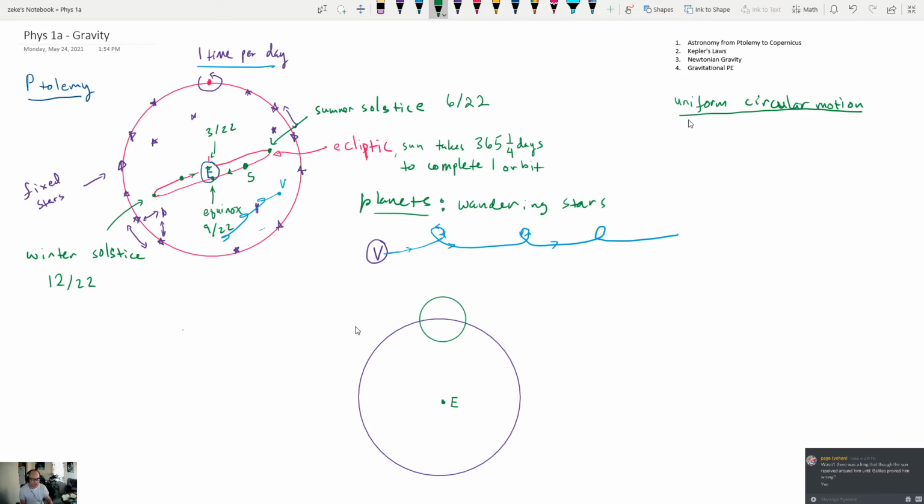Circles so perfect that you really couldn't even draw them that perfectly on paper or in the sand. And the orbit of the sun around the Earth follows a path called the ecliptic, which is a circle. And the stars travel in a circle. So for them, uniform circular motion was the guiding principle to define what planets do.